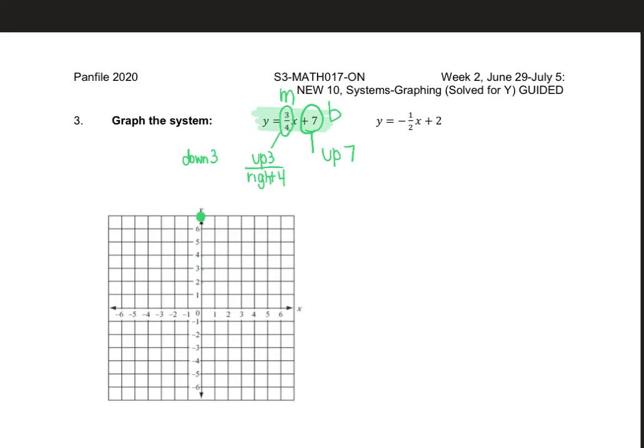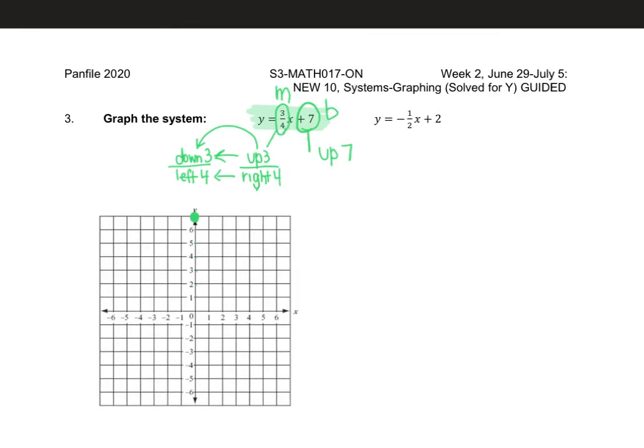So I have to go down 3. If I go down 3, this is the opposite, right? So what's the opposite of right 4? It's left 4. So the opposite of up 3 would be down 3, and the opposite of right 4 would be left 4.